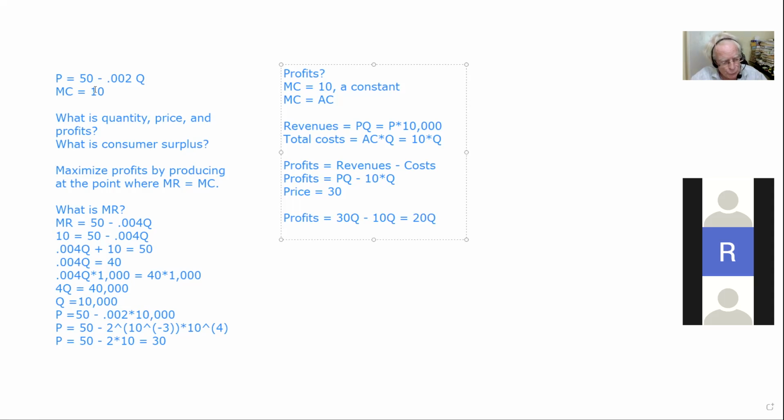But we've already found that Q is 10,000 right here. So our profits are 20 times 10,000, or 200,000.